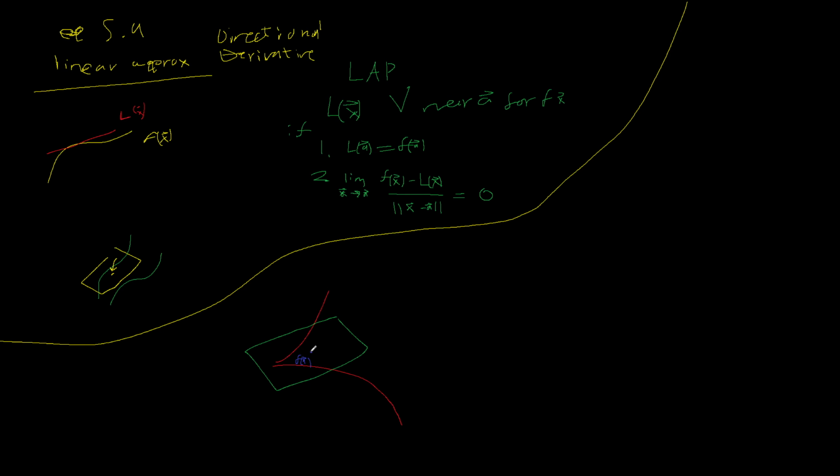How fast is our function traveling this way? How fast is it going up, or alternatively, how fast is it going down? We want to know how fast the surface is changing in some direction u.